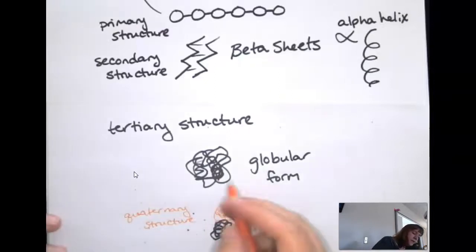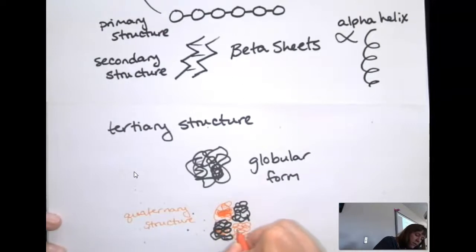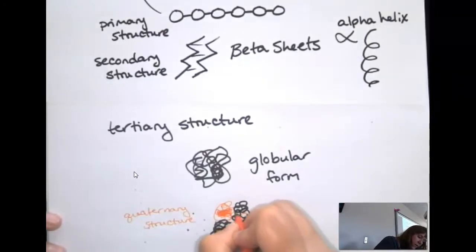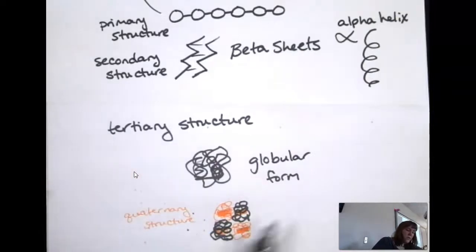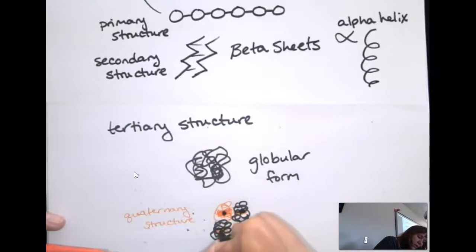And each one of these will have an inside heme group. It's not showing up very well, but we'll try to do our best to show it. And inside the heme group, there will be an iron.